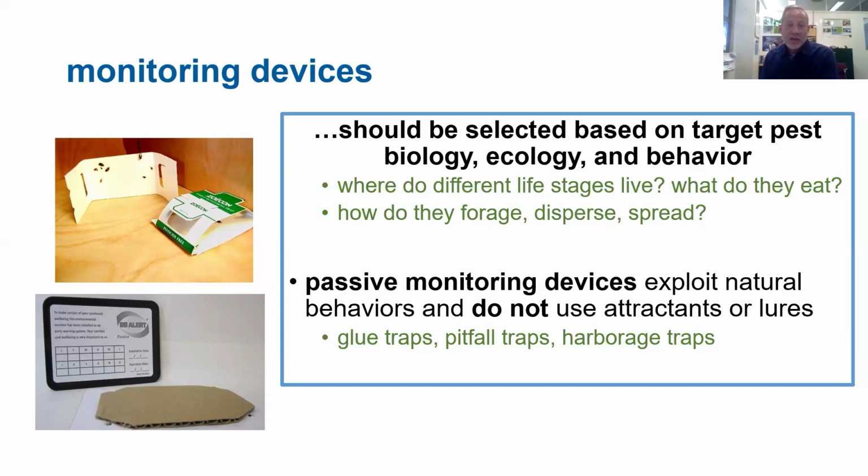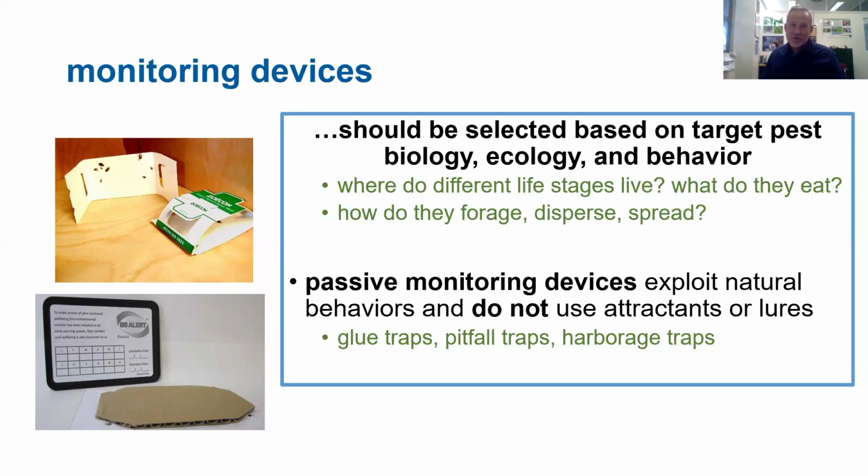Instead, we may use a passive monitoring device like a harborage trap. The lower left shows a simple cardboard harborage trap for bed bugs. It just creates some little channels, some little holes that bed bugs will like to harbor within. These passive devices, and glue traps are actually passive devices as well, exploit the natural behavior of the pest.